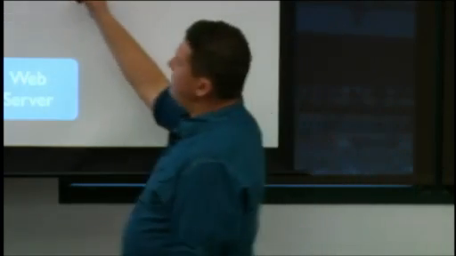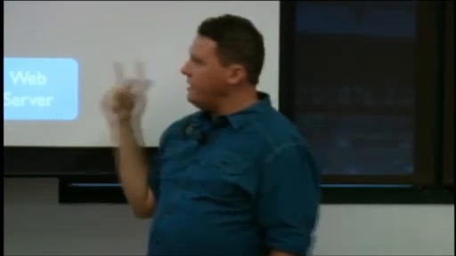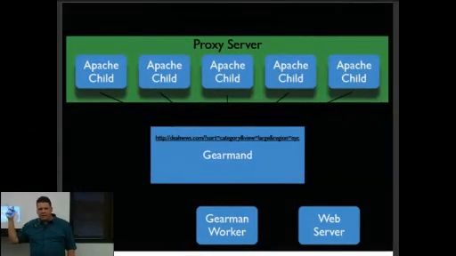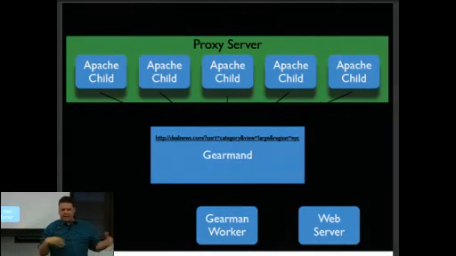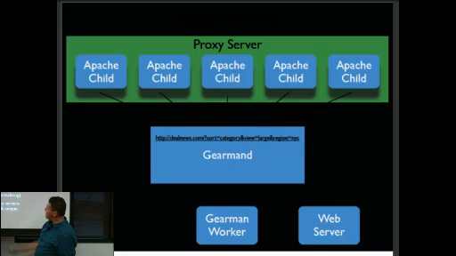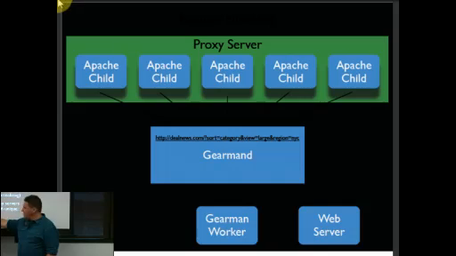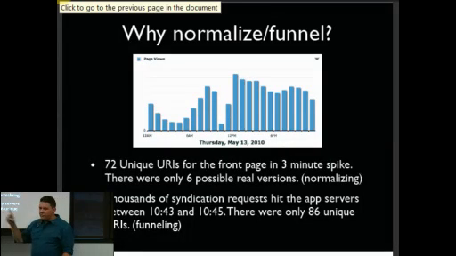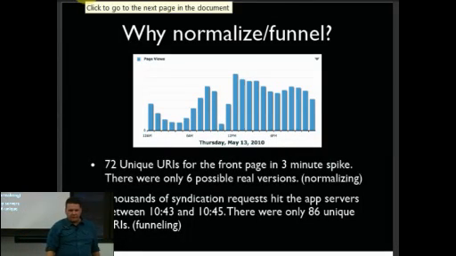So once we have our unique URL, we can create a unique job ID and give it to Gearman. And Gearman will deduplicate that for me. In this scenario, only one app server is going to be required to fulfill that. The normalization?